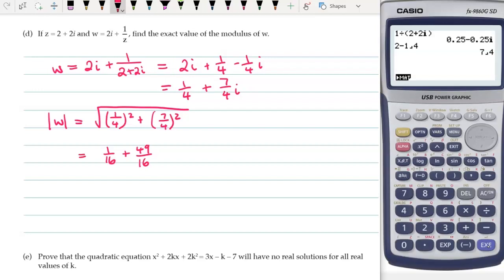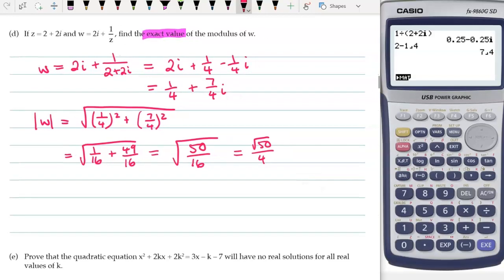And I'm doing this by hand because we need exact values for this answer. You can't give your answer as a decimal here. And then we would have to square root it. Okay, so pop them together and we've got 50 over 16, which is the square root of 50 over 4.